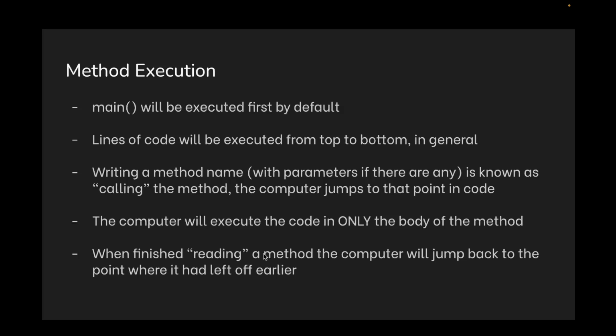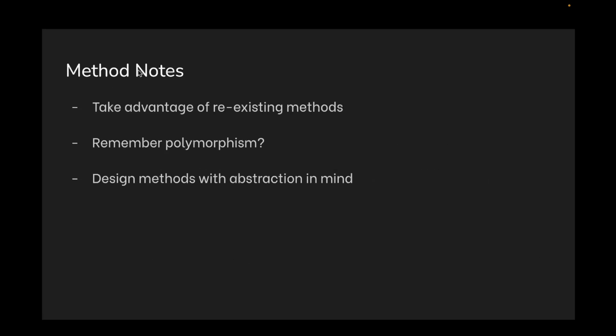So that's kind of how the functionality of object-oriented programming works. And this is really useful because we can define little snippets of code and then we can reuse those in our program. So yeah, let's move on. Method notes, this is kind of like a summary of what we just covered.